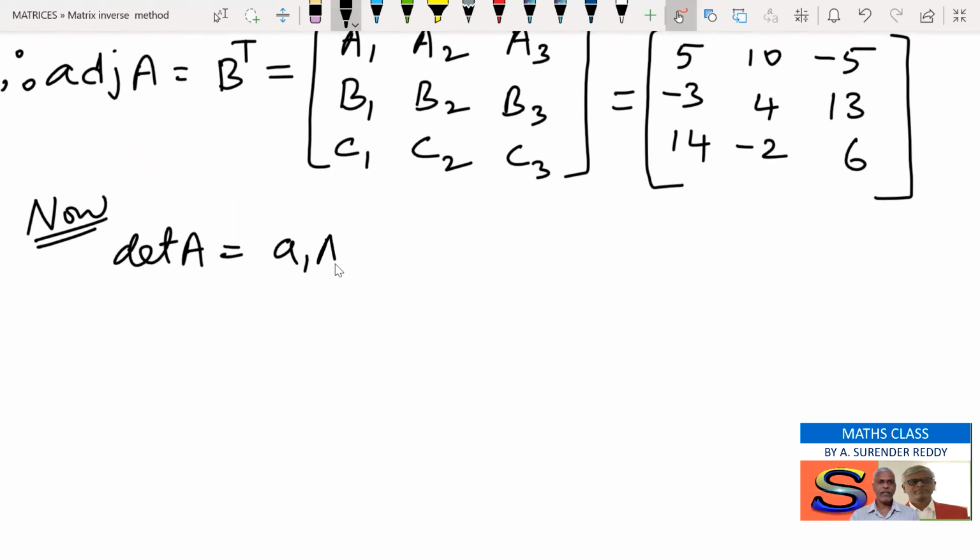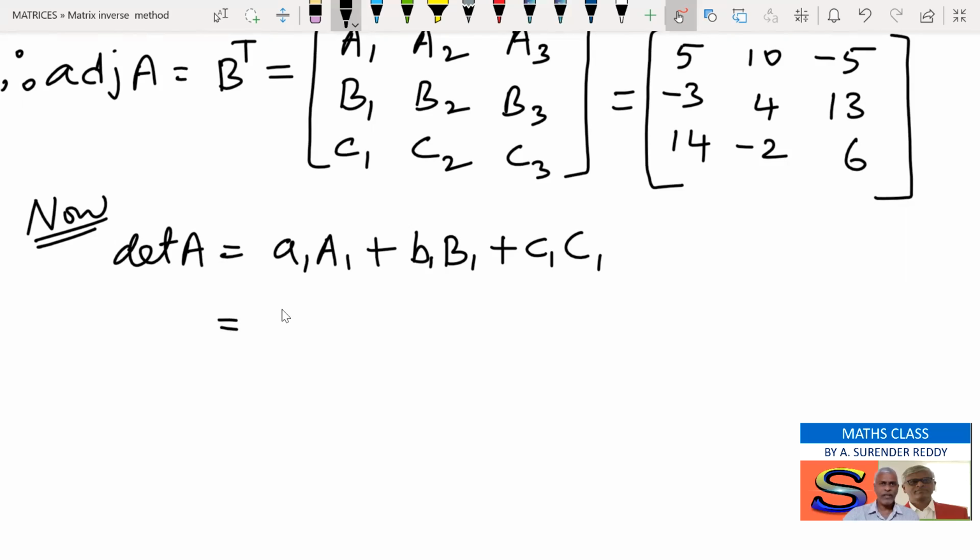Element with their cofactor: small a1 with capital A1, small b1 and capital B1 its cofactor, small c1 element and capital C1 its cofactor. In the previous problem, we calculated the determinant in the normal method, but already we have the cofactors, so we can find the determinant by using the definition.